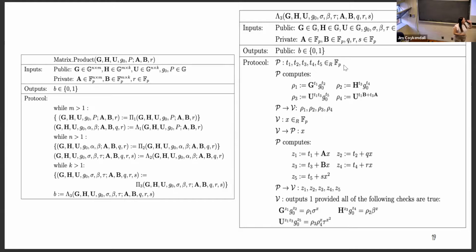And then the one on the right is our final sub-protocol, lambda 3, and that is once we've gotten down to singular group elements from our matrix folding. So we've taken these n by n matrices, and we've been folding the rows, we've been folding the columns, and we've gotten them down to singular group elements.